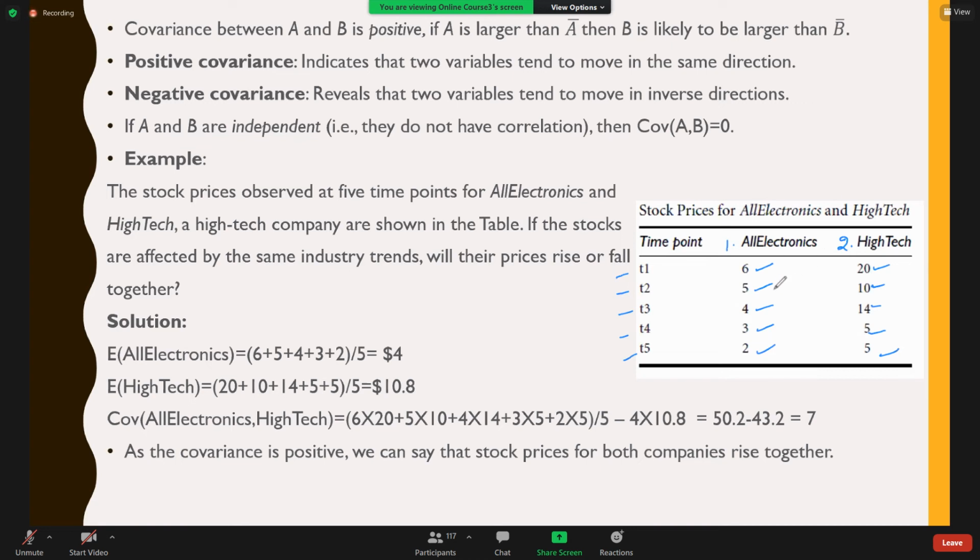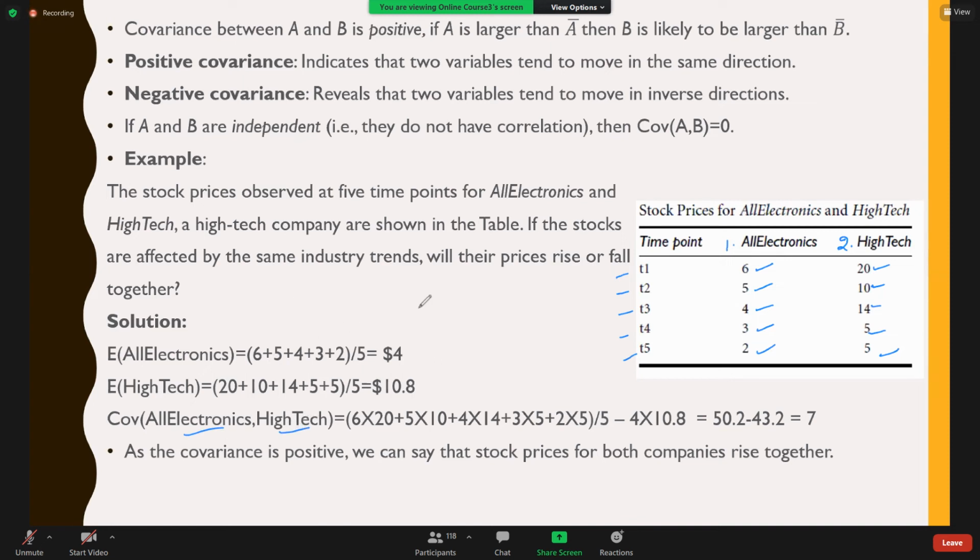So what is the relation between these two? This can be found using the covariance between All Electronics and High Tech, showing how these two companies are affected by the same industry trends. Will the stock prices rise or fall? So covariance between these two is calculated.